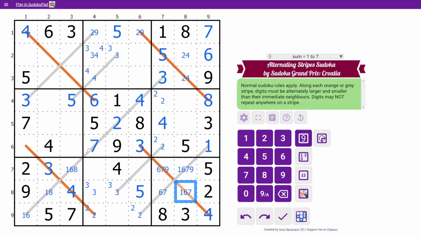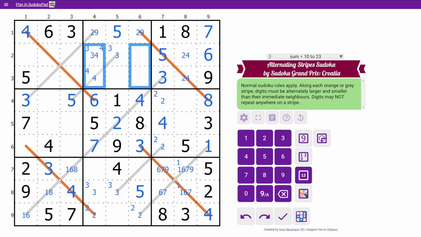The 1, okay, the 1 goes here. The 1 goes in one of these spots. Maybe it goes in one of these. If it goes, can't go there.